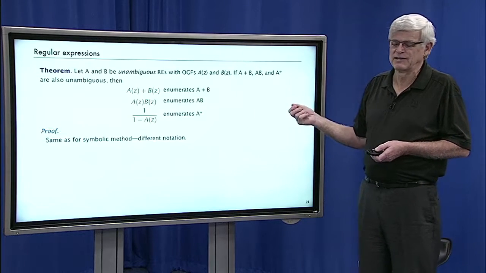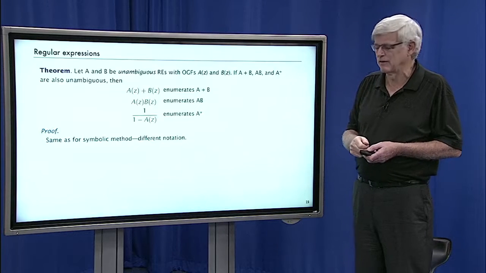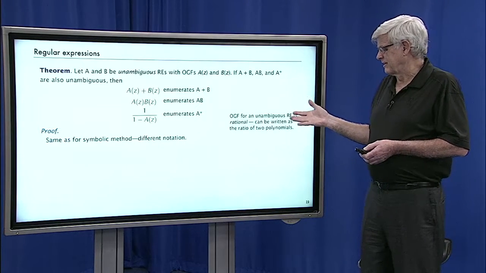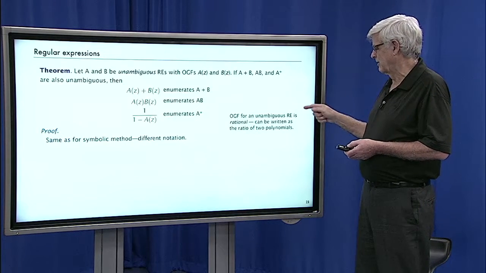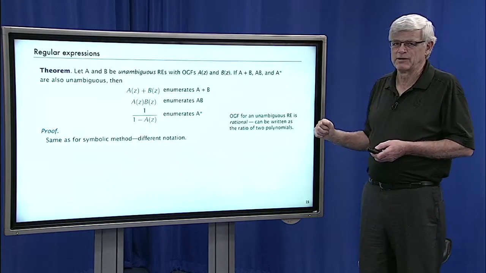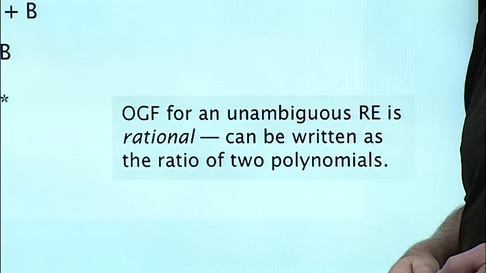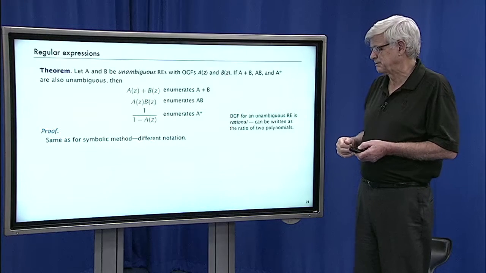It's really the same proof as the symbolic method with different notation, as long as the REs are unambiguous. So one thing this says is that the OGF for an unambiguous RE is rational, because all you get out of this is a ratio of two polynomials. No matter how you apply these operations, you're going to get the ratio of two polynomials for the OGF.